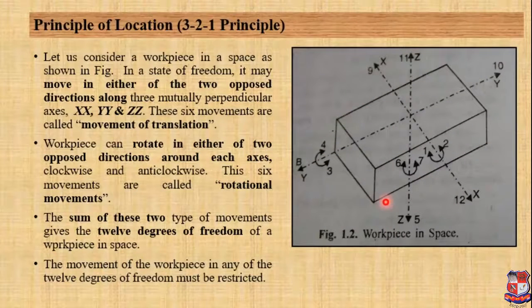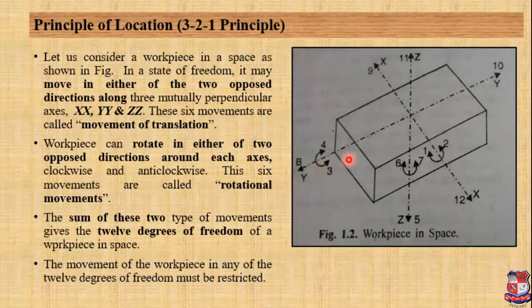Let us understand the principle of location, the 3 to 1 principle. For that, I have taken this figure. You can see this rectangular block. It is the workpiece, and we can assume that this workpiece is in space.